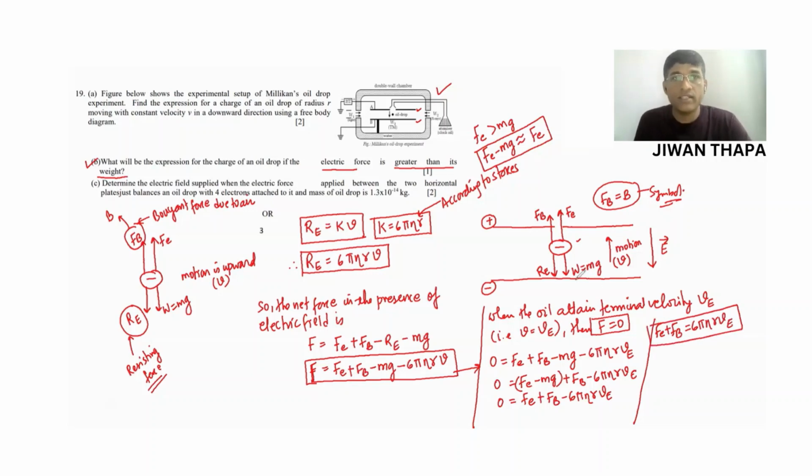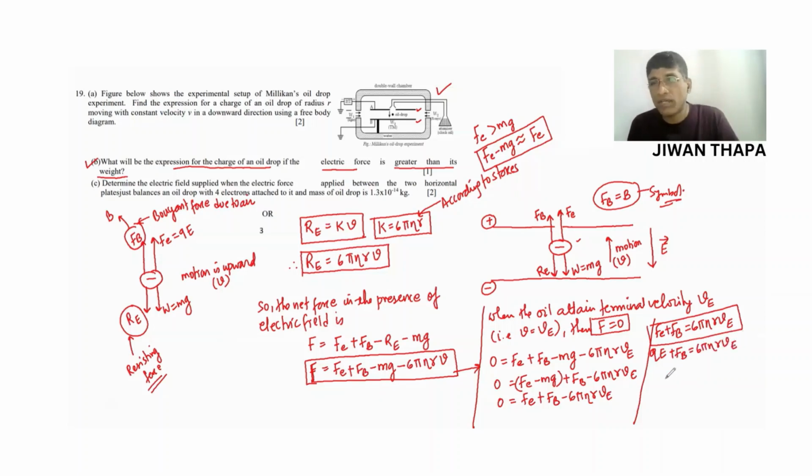We are asked to find the expression for the charge on an oil drop, and we know the electric force Fe equals Q times the electric field. Therefore, we can write QE plus Fb equals 6 pi eta Rve.